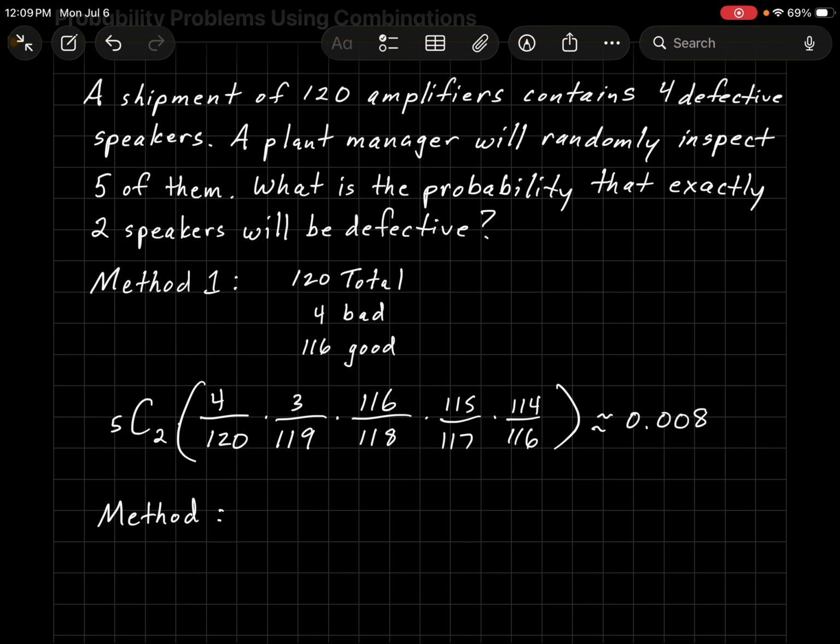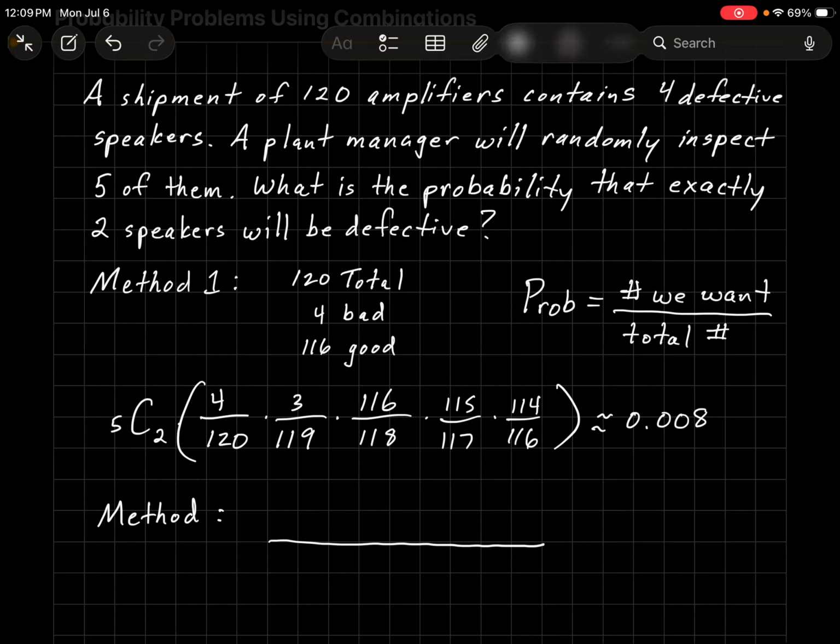Once again, probability is the number we want, or how many things we want, out of the total number of things that there are. So is there a quicker way to get right to this? Well, here's my claim. Let's start by doing the total number of things that we could get. And the total number of things we can get is what?